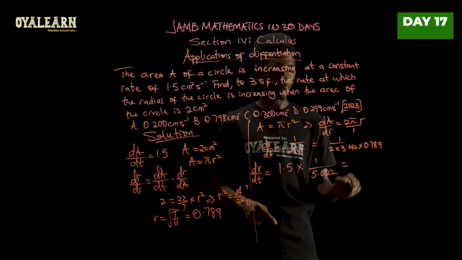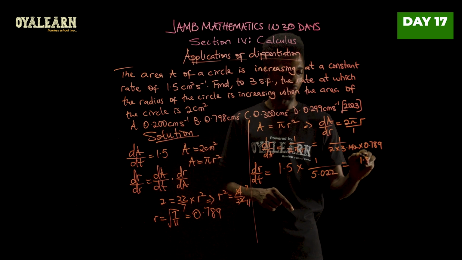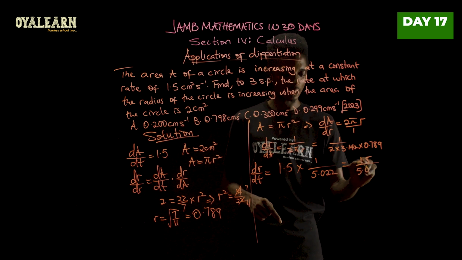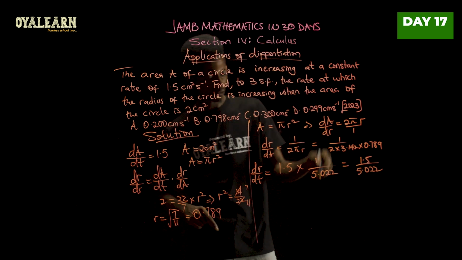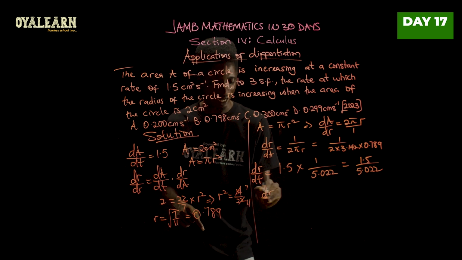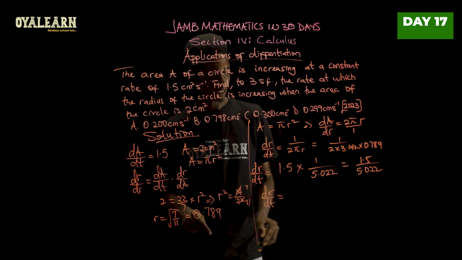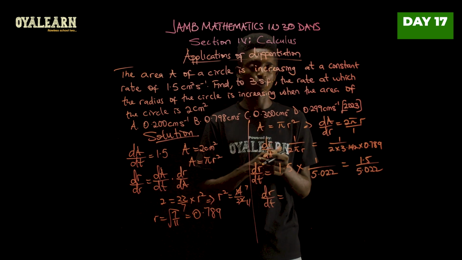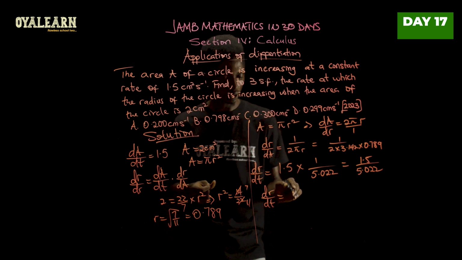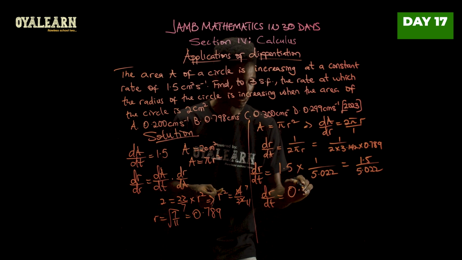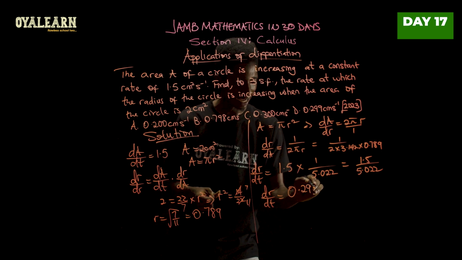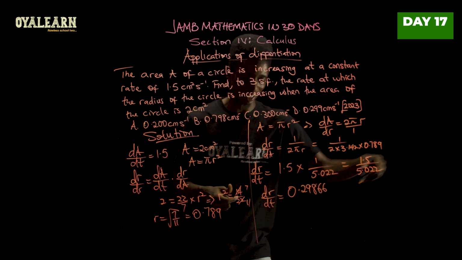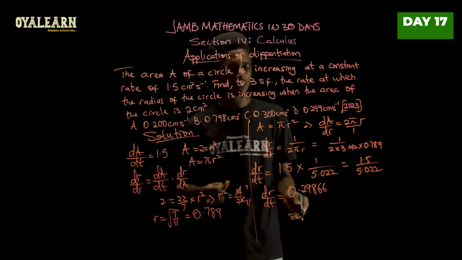So 1.5 times 1 will give us 1.5 divided by 5.022. So from this point, we can then find the dr/dt. Now, when we press 1.5 divided by 5.022 in our calculator, you would arrive at 0.29866, and then it goes on like that with other numbers.